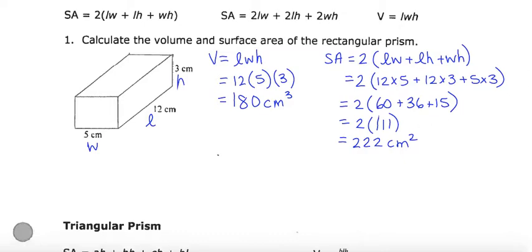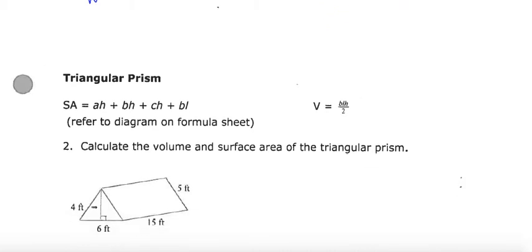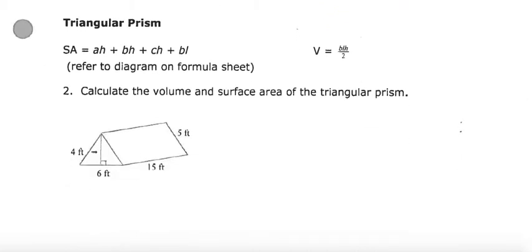Moving on to the triangular prism. This is a triangular prism, so that's the easiest sort of shape to picture. We are going to refer to our formula sheet to determine which measurements along our shape are labeled as A, B, C, H, and L. That's going to be very important, especially when we are figuring out which value is which, so that we don't put the wrong measurement in the wrong formula or in the wrong place.